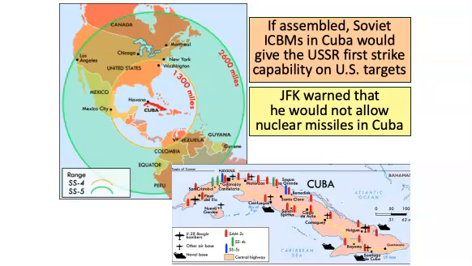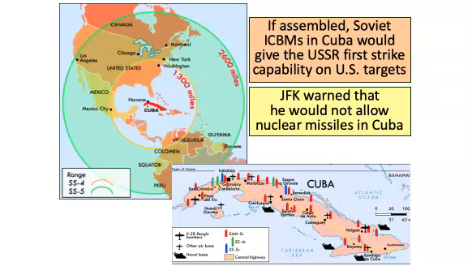This was incredibly dangerous because if the Soviets could hit us first before we could launch at them, this would upset this mutually assured destruction balance. JFK warned that he would not allow nuclear missiles in Cuba.